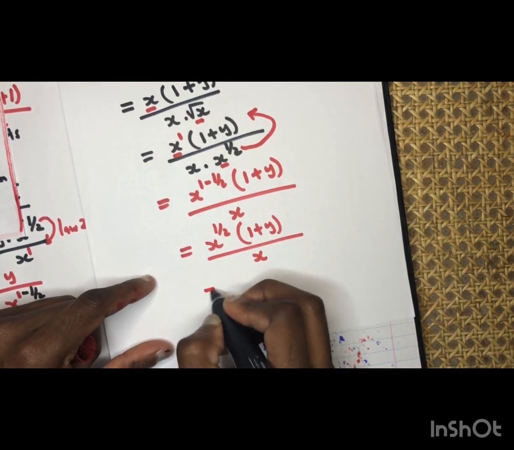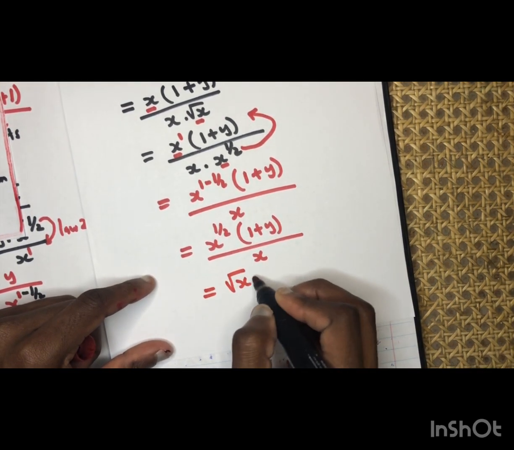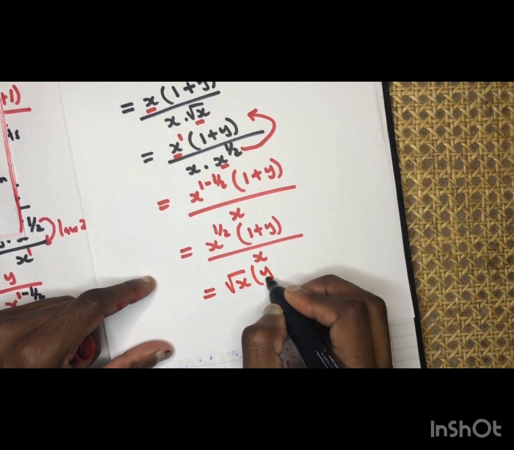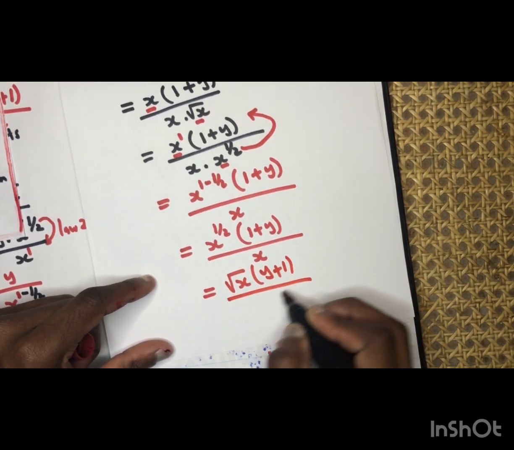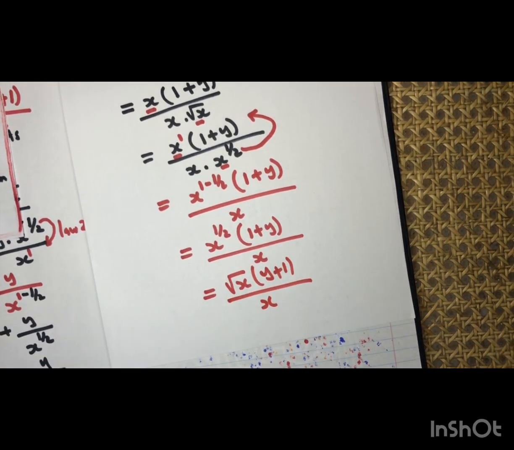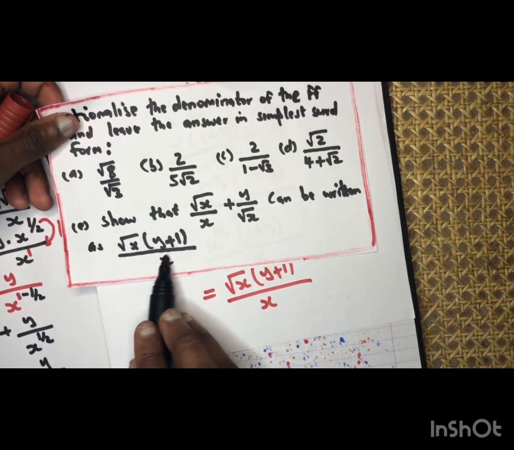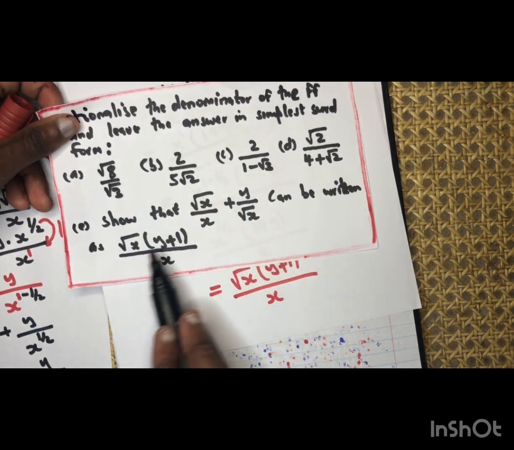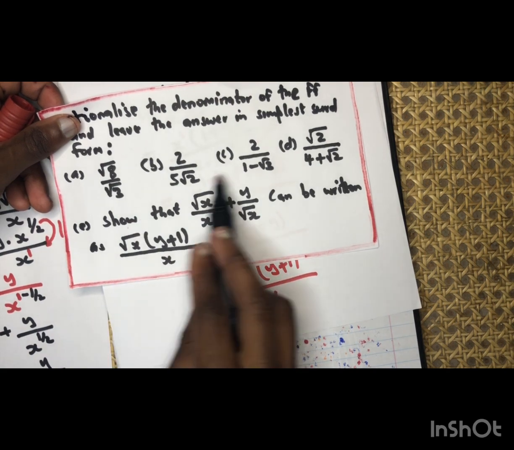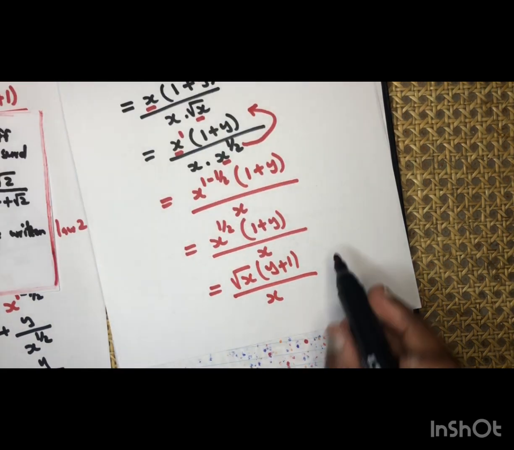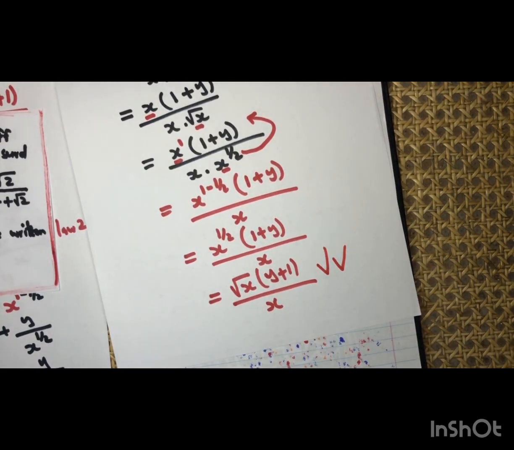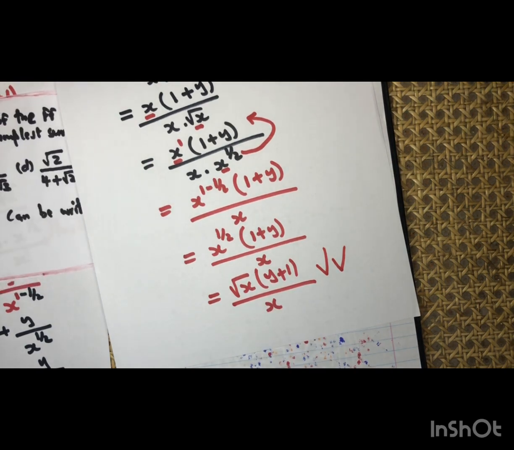So here is the same as square root of x into y plus 1 over x. So this is what we want, guys, because they were saying show that this can be written as this. So this is your final answer for this E, guys.